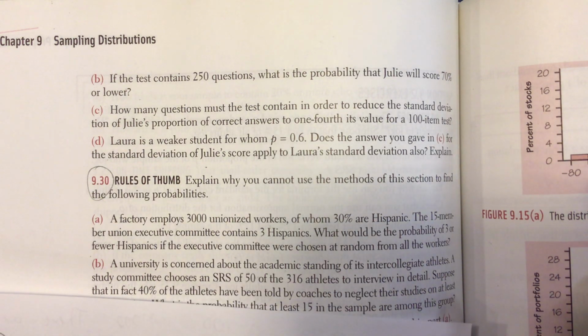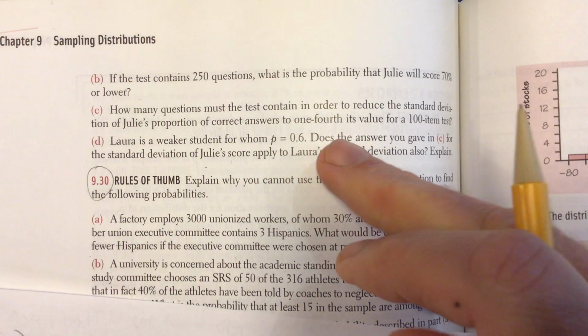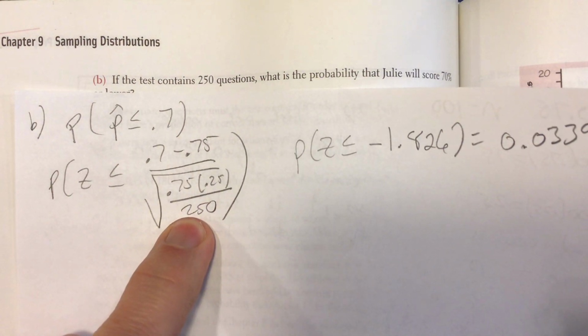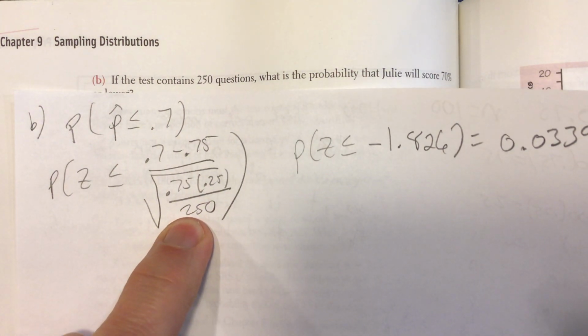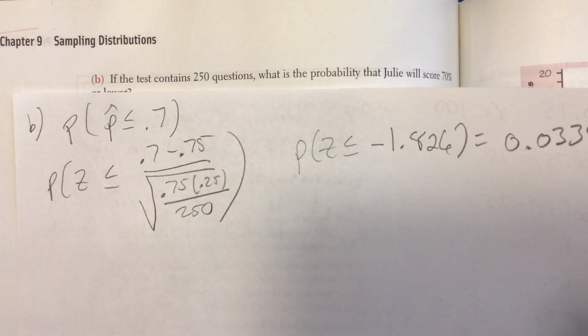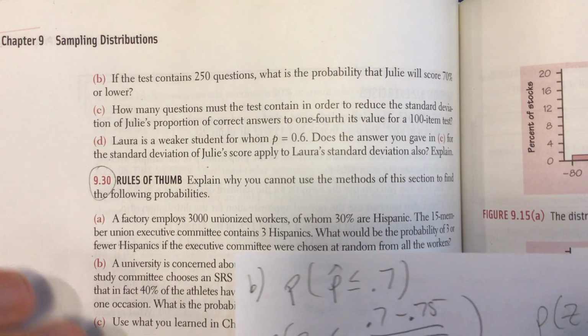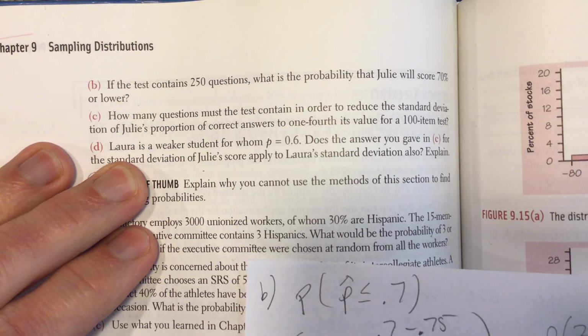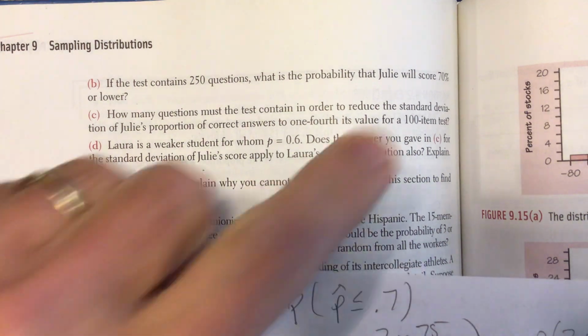Okay, letter C. How many questions must the test contain in order to reduce the standard deviation to 1/4? Okay, 1/4. So remember, square root of n is in the denominator. So if I want to be dividing it by 4, I'm going to have to multiply my denominator by 16. Okay, were we talking about the original 100 item test?